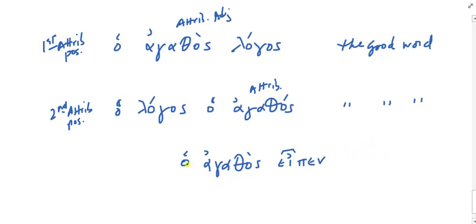So notice that this article comes right before this adjective, doesn't it? So what are my two possibilities when the adjective is articular? Attributive or substantival. And then I have to ask, is there a noun that is explicitly stated here that it accompanies and agrees with in case, gender, and number? No. So if there's not a noun, then which of the two is it? It's substantival. All right. So there.